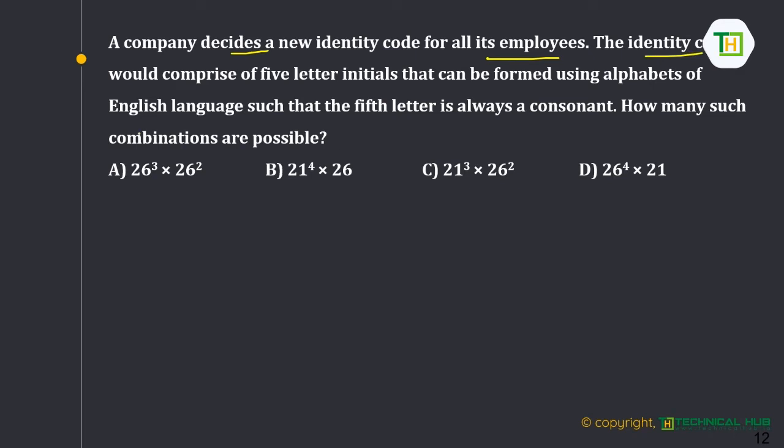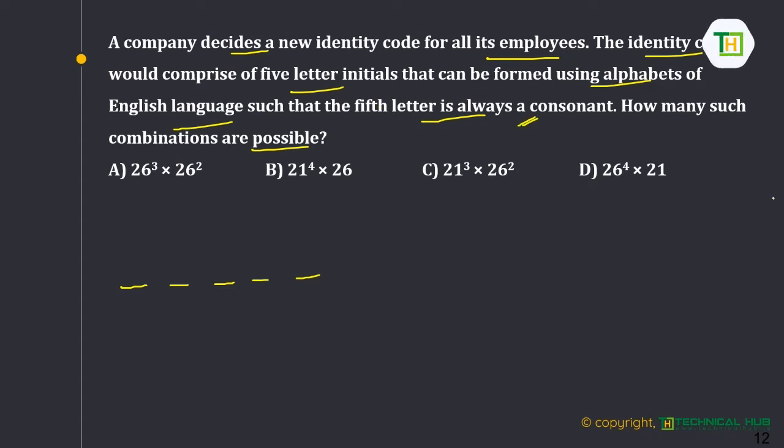The identity code would comprise of 5 letters that can be formed using alphabets of English language, so that the fifth letter is always a consonant. So how many such combinations are possible? Okay. So you have to frame a 5 letter code by using the English alphabets. And what is the condition given? So fifth letter is a consonant.